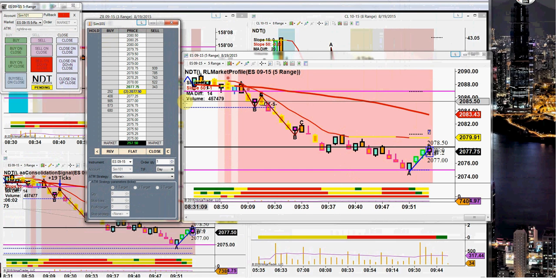And again, just like last time, everything should happen automatically, if we get a down close, that is.